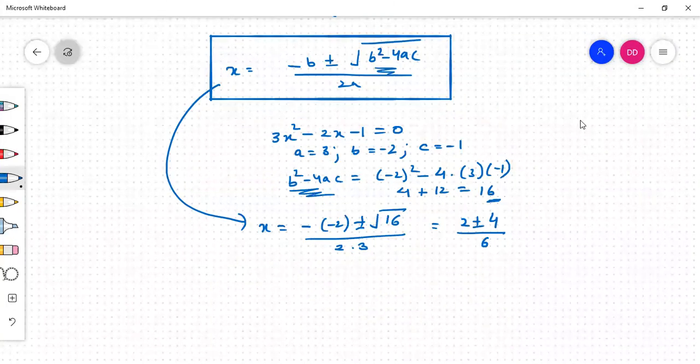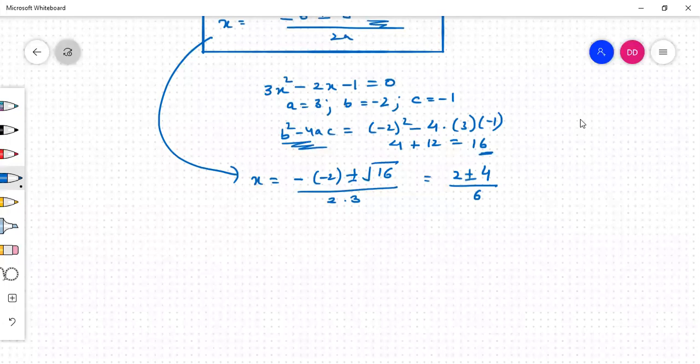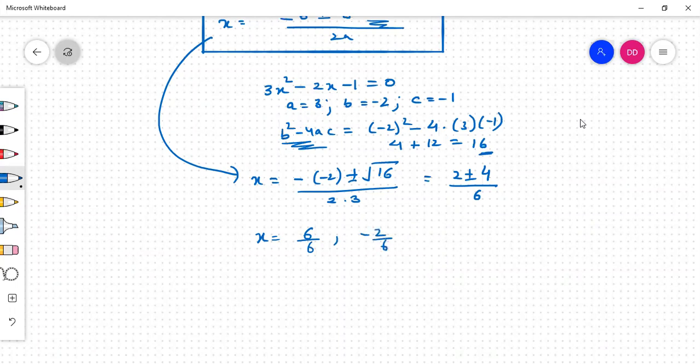So my values of x would become 2 plus 4, that is 6 over 6, while subtracting gives minus 2 over 6. So that is 1 or minus 1 by 3. So the values of x, or the roots of the quadratic equation, are 1 or minus 1 by 3. That's how you derive the formula and apply the quadratic formula to solve any quadratic equation.